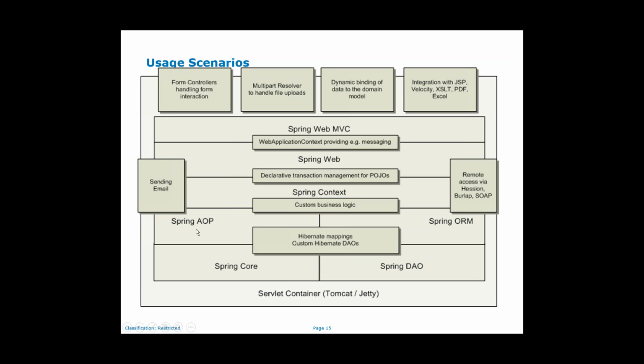On top of that you have Spring AOP, aspect oriented programming, and object relational mapping. Then you have your custom business logic with the help of the Spring context, and declarative transaction management for POJOs, and the Spring Web and web application context, providing messaging, all these services on top of Spring, that is Spring Web MVC.